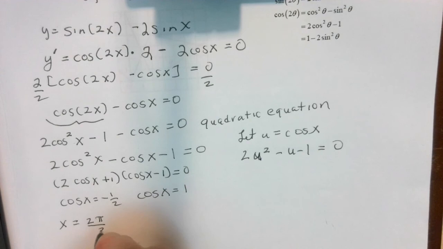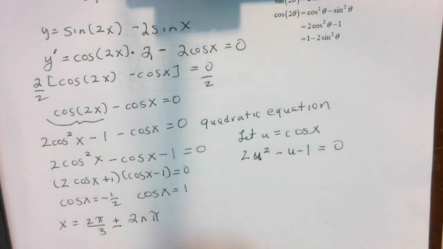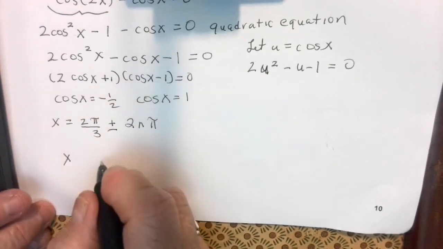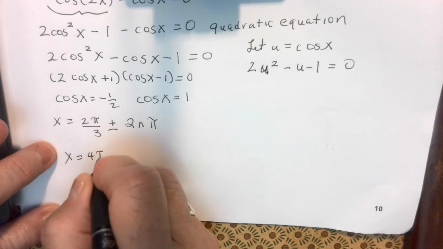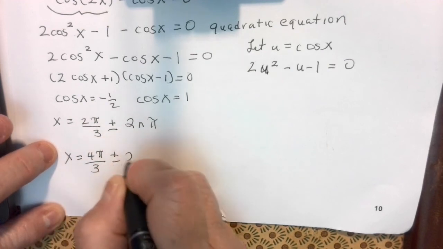But since we can keep going around the unit circle, we need to add and subtract 2 pi n, because that would get us back to the same point. And then the other place that the cosine of x is negative 1/2 is at 4 pi over 3. Then you go plus or minus 2 pi n.